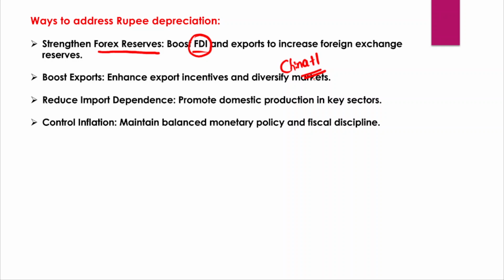Earlier, their manufacturing bases were located in China, but now they are looking for alternatives to China due to a number of reasons, right? So this is one way through which India can substantially bolster its forex reserves.